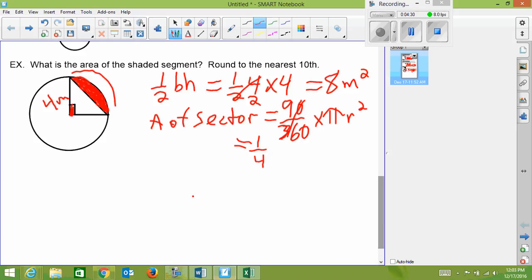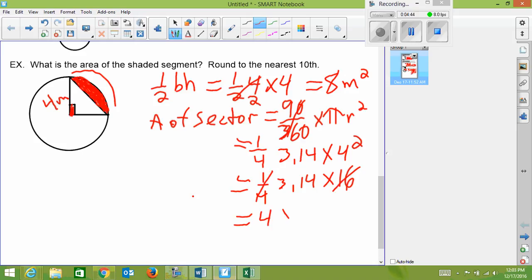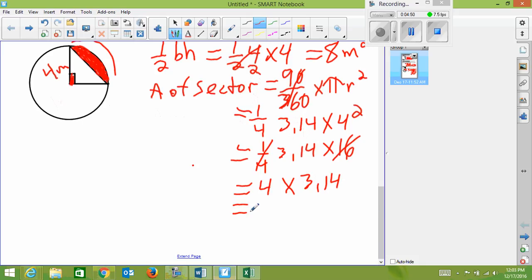So 1/4 of 3.14 times, my radius is 4, so 4 squared. 1/4 of 3.14 times 16. 1/4 of 16 is 4. So all I should have to do is take 4 times 3.14, and that gives me 12.56. That's for that whole piece, though. That's for this whole chunk.